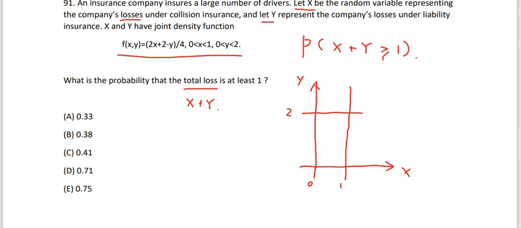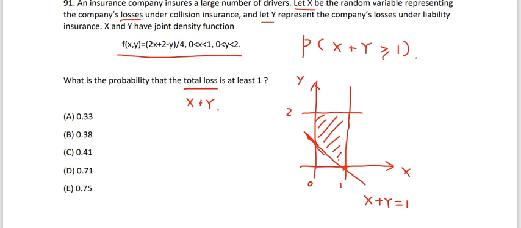So let's say it equals 1. This line is X plus Y equals 1. Less than 1 is below the line, larger than 1 is above it. So this part is larger than 1.